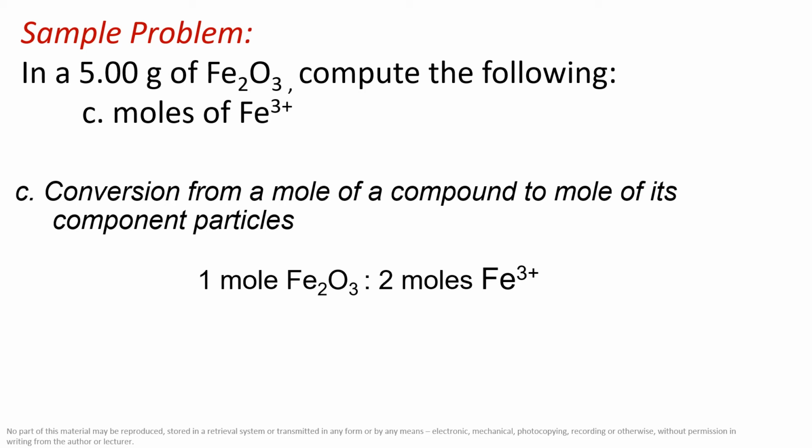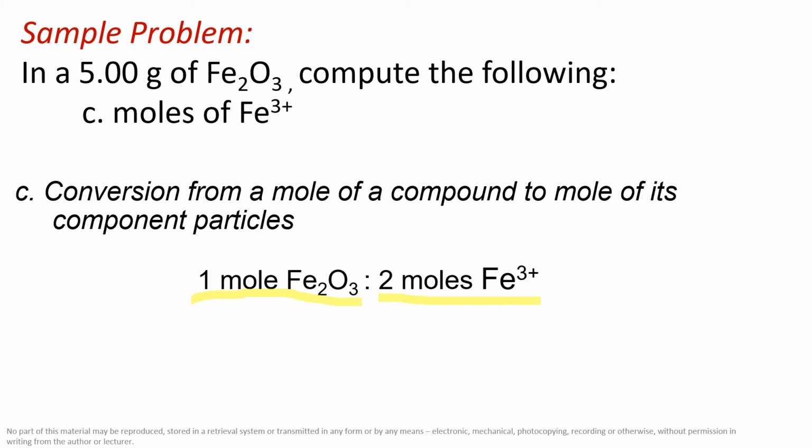So in every 1 mole of ferric oxide, or Fe2O3, there are 2 moles of iron. How do we get the number of moles? You can simply look at the subscript. The subscript for iron is 2, and the subscript for oxygen is 3. Therefore, there are 2 moles of iron and 3 moles of oxygen in 1 mole of ferric oxide.